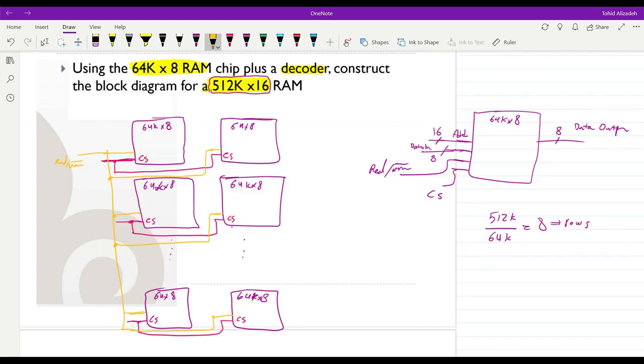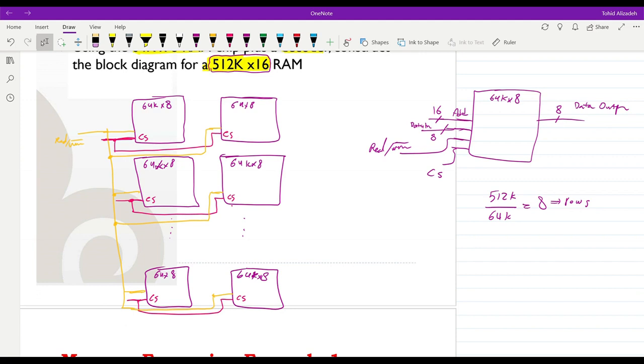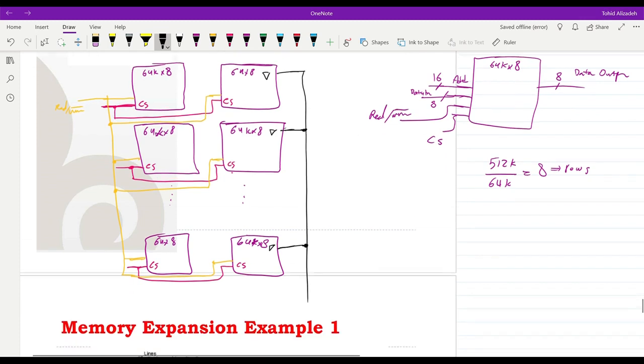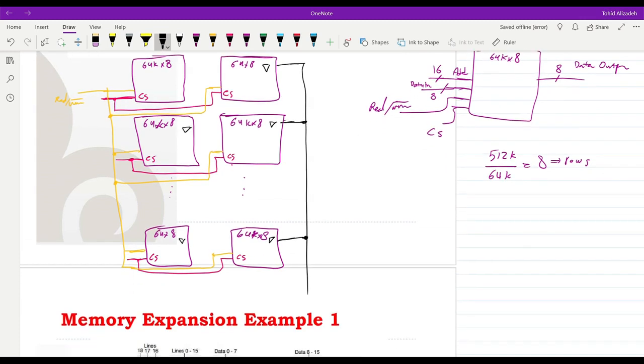Then we have the address and data in. In terms of the data, let's focus on data out and data in. The data out of all the memory ICs in each column will be connected to each other, because we are using the 3-state bus here, and then we can combine them.